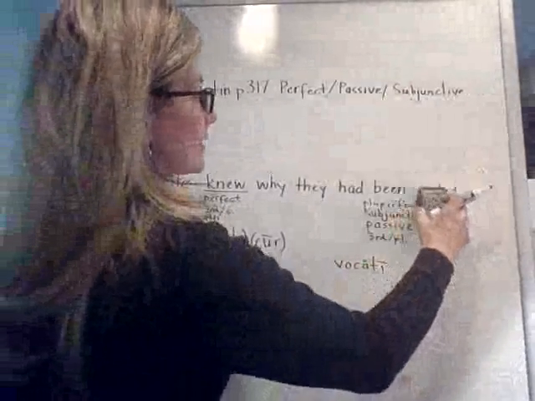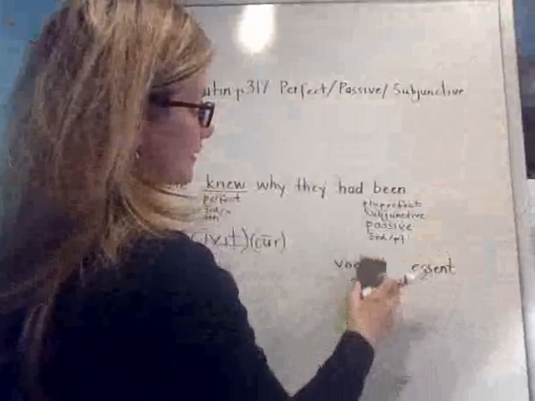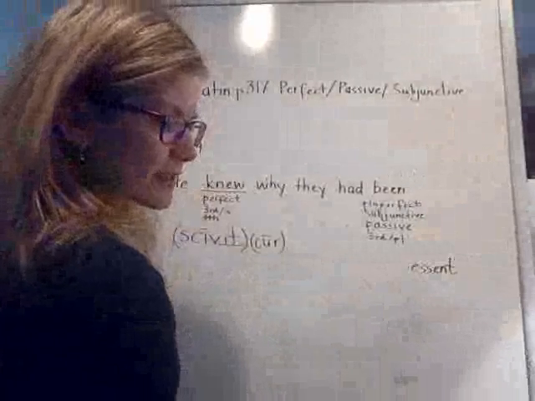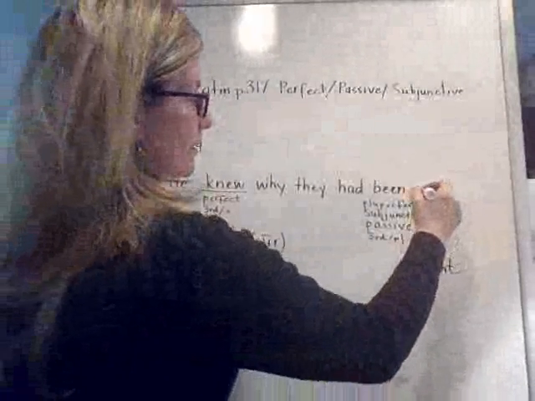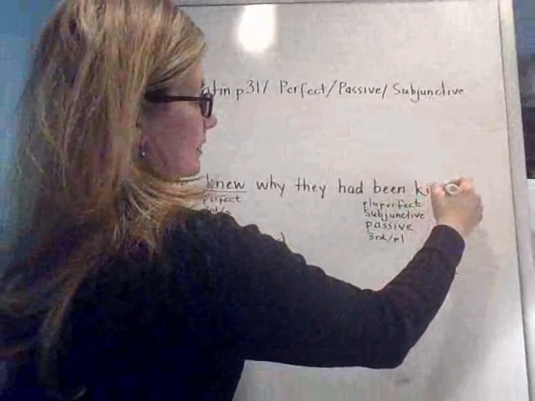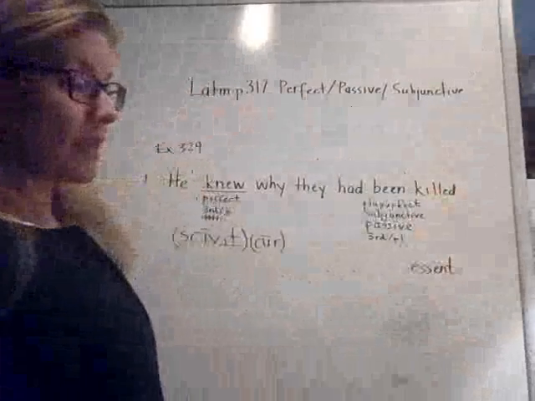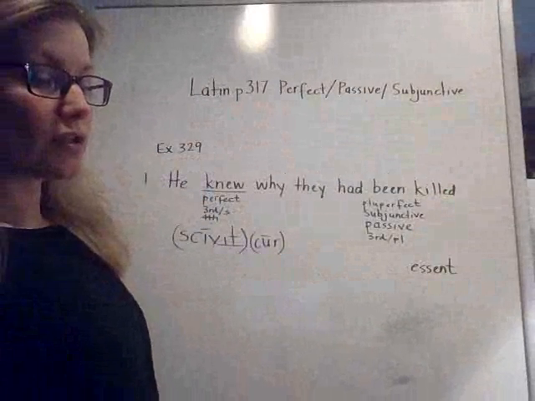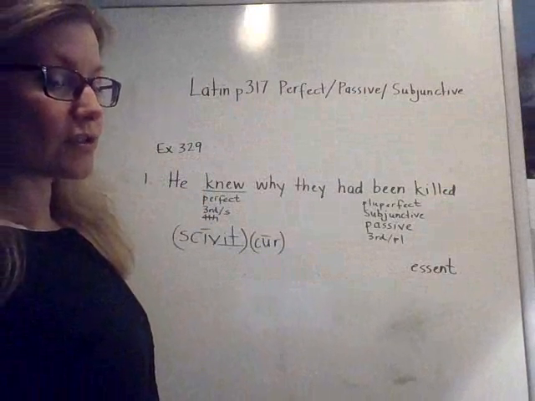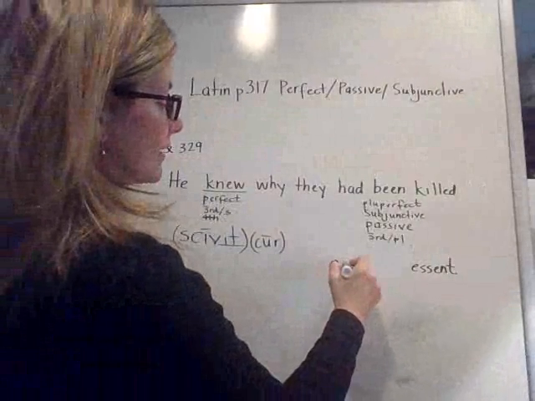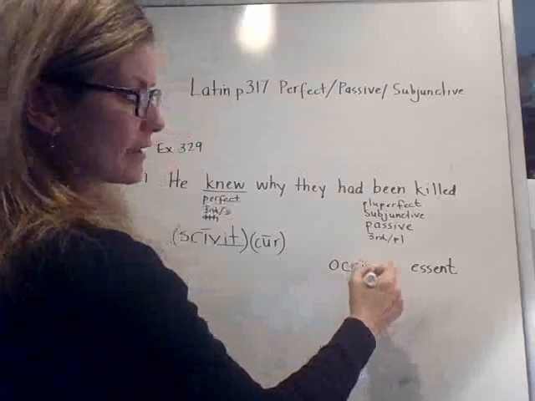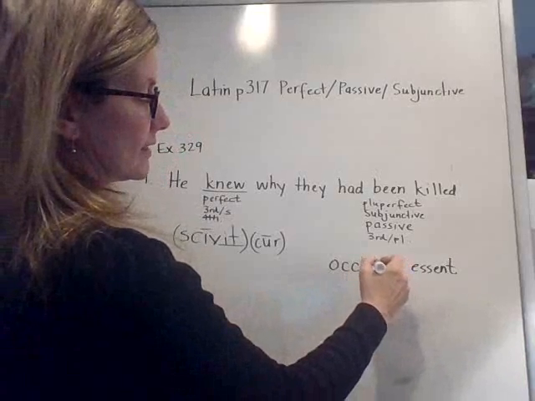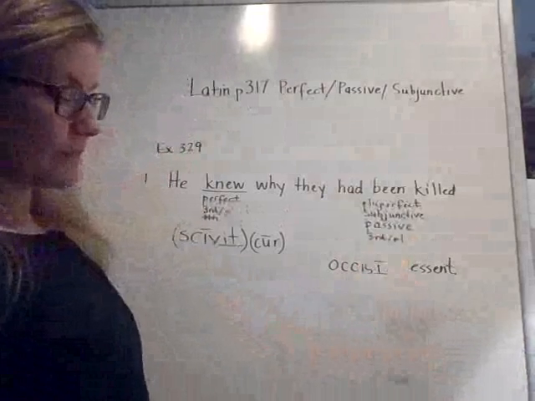All right, let's pick a verb that's not in the first conjugation. Let's see. Killed. That is a third conjugation verb. It's occido, occidere, occidi, occisus. So let's look at the fourth principal part, occis, and then the ending, occisi essent.